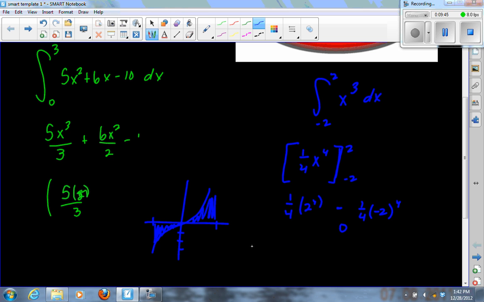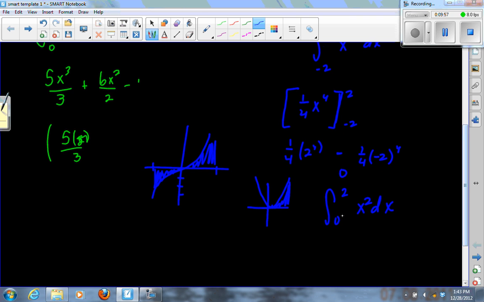The answer is 0. Similarly, if you had like x squared for a graph and you wanted to do from 0 to 2, well, that's going to be half as much as the integral from -2 to 2.